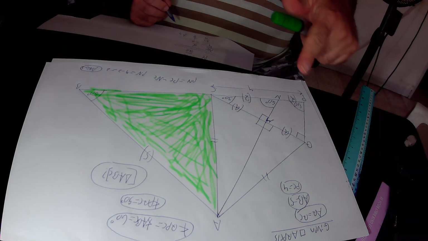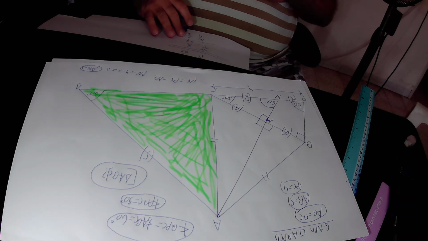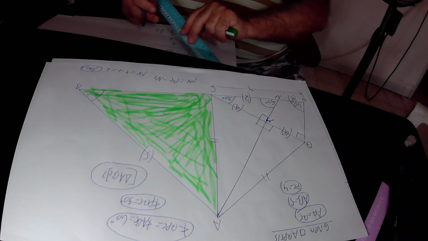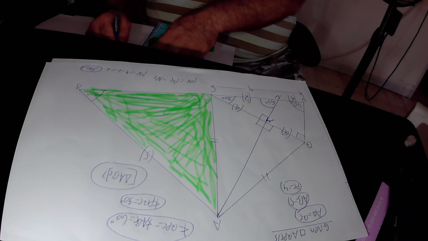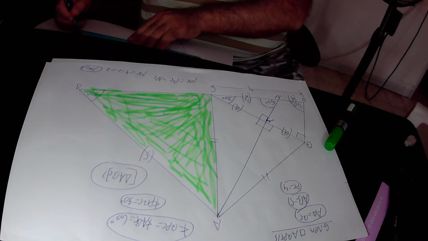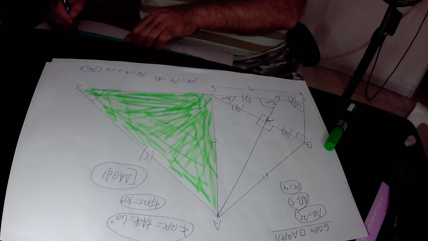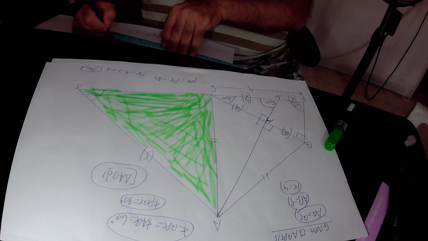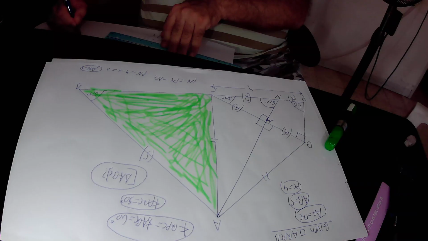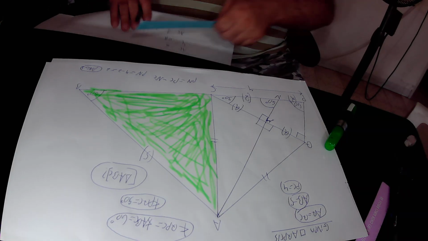In the next step I'll copy the big triangle ANB. On the new page we'll analyze this big triangle ANB.